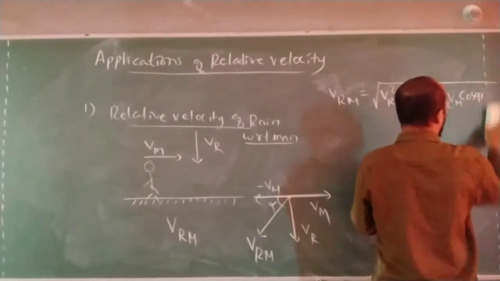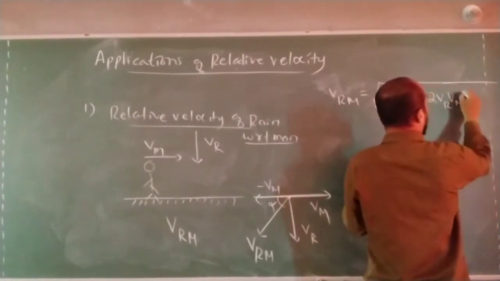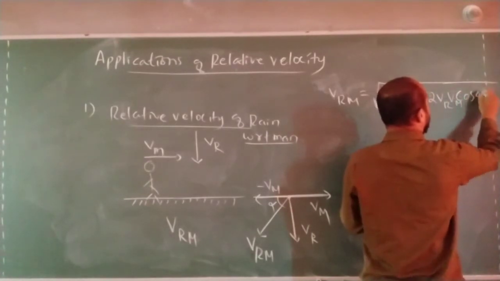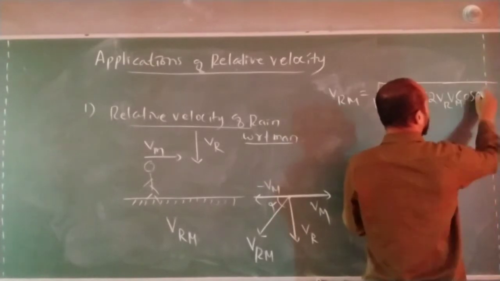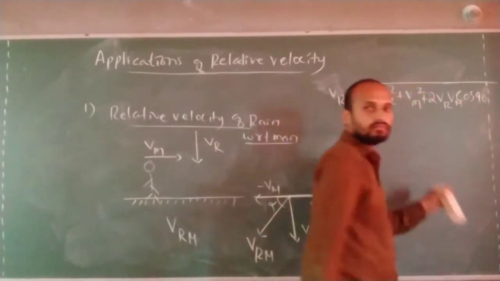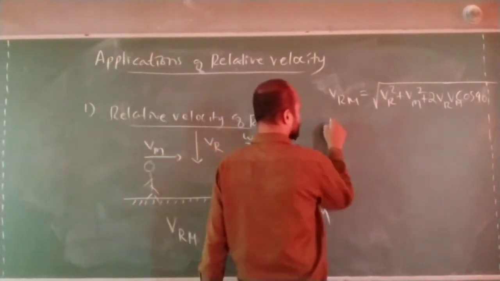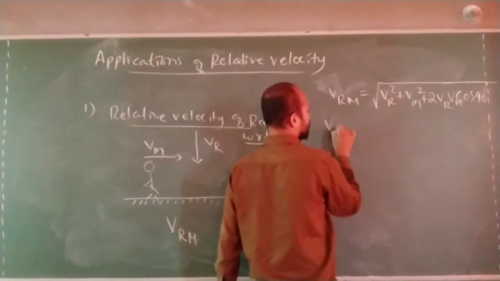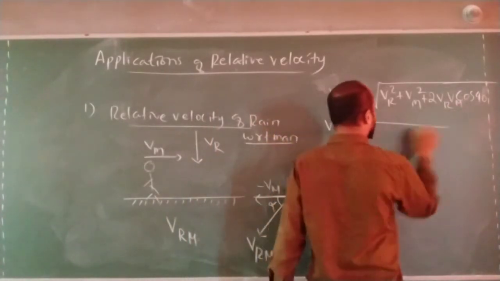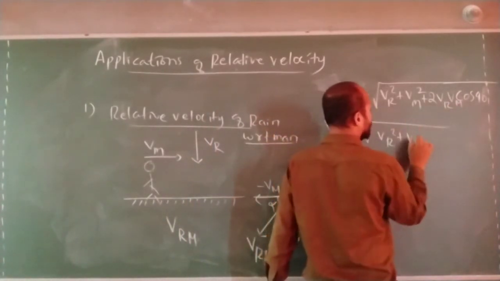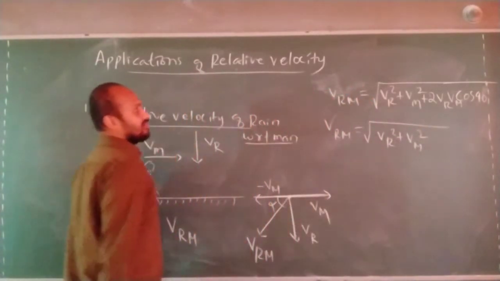What is cos 90? 0. This is going to be root of Vr square plus Vm square. This is the magnitude value.